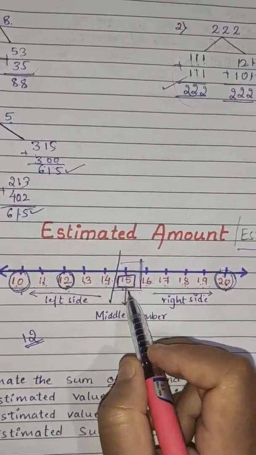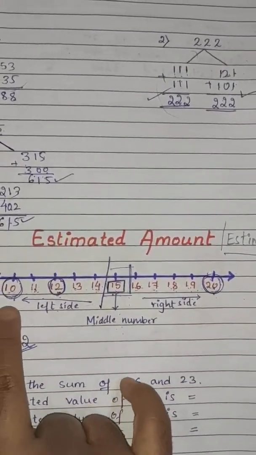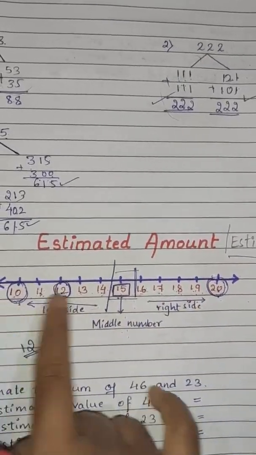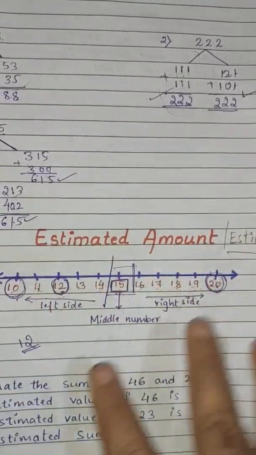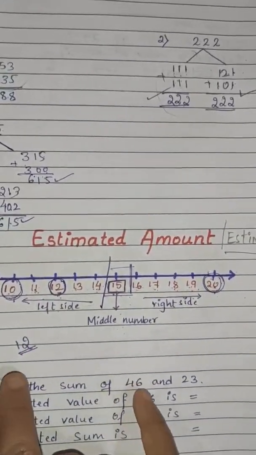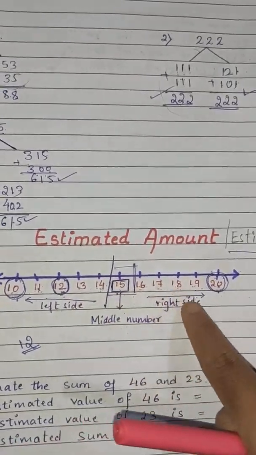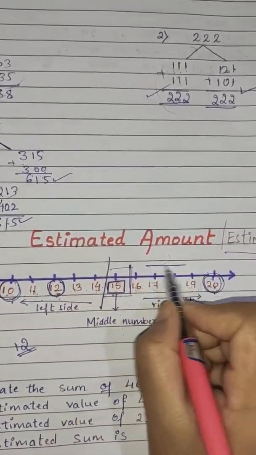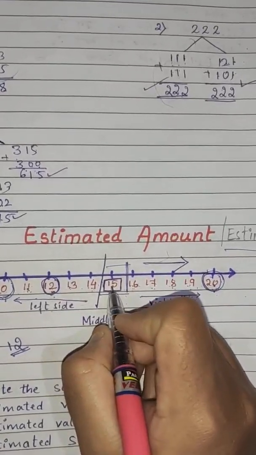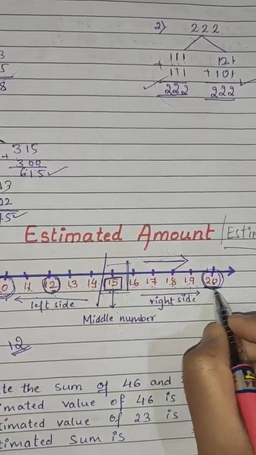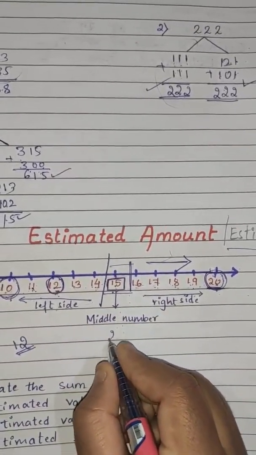Here the estimated value between any two tens, whether it is 10, 20 or 30, 40, 50, 60, 70, 80, 90, these all are tens, right? The estimated value between any two tens is estimated to its next ten. Estimated to its next ten means, what is the estimation value of 15? It is 20.